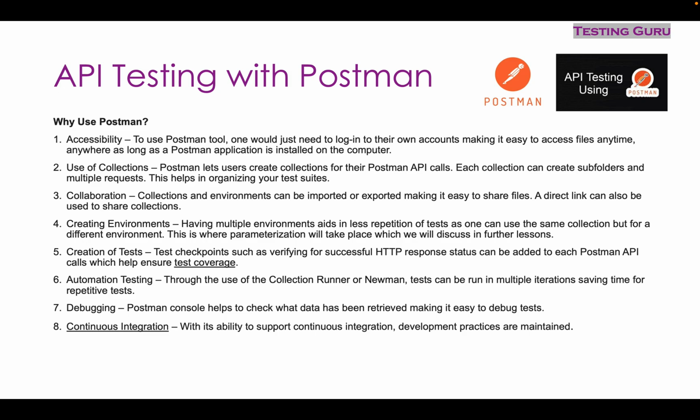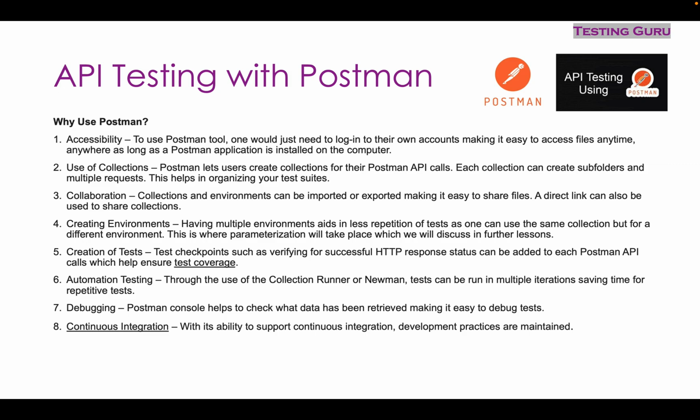So next is creation of tests. Tests are very important for testing purposes. When we do testing, we need to have test results or the checkpoints which we have to verify, and after verification, whether it is a success or failure, those details also we need to capture.